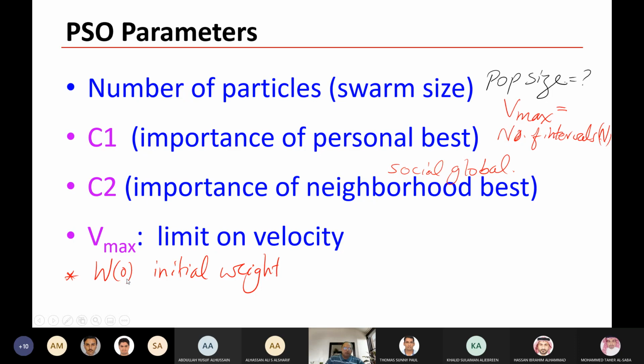So you need the initial weight, and of course the maximum number of iterations also we need.